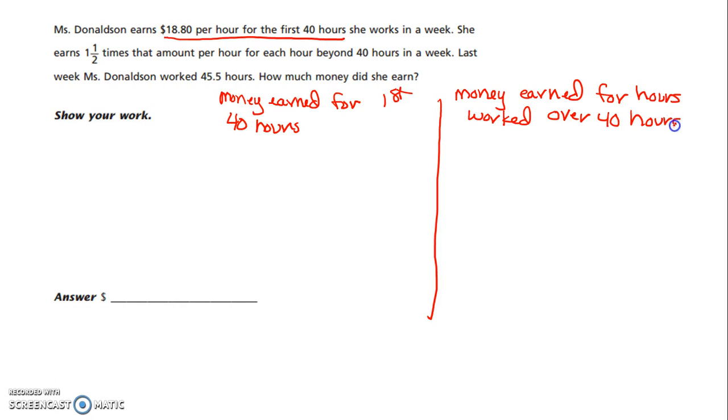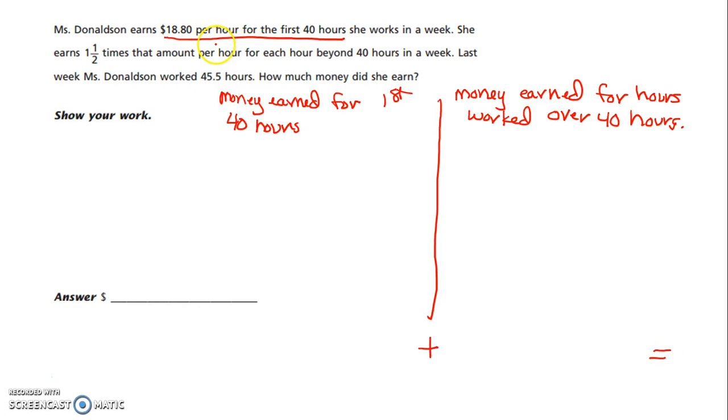How many additional hours did she work? And then to figure out how much she earned that week, we'll add those two numbers together. If we take how much she made for up to 40 hours, and then how much she made extra for working over 40 hours, those two numbers together will tell us how much she earned for the week.